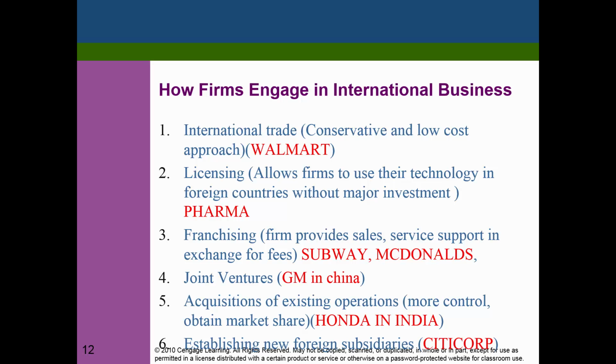Now, the second way firms engage in international business is by licensing, and here it allows firms to use their technology in foreign countries without major investments. So typically you might find that pharmaceutical companies, that could be a US company, do a lot of R&D here, and it's a very capital intensive investment.